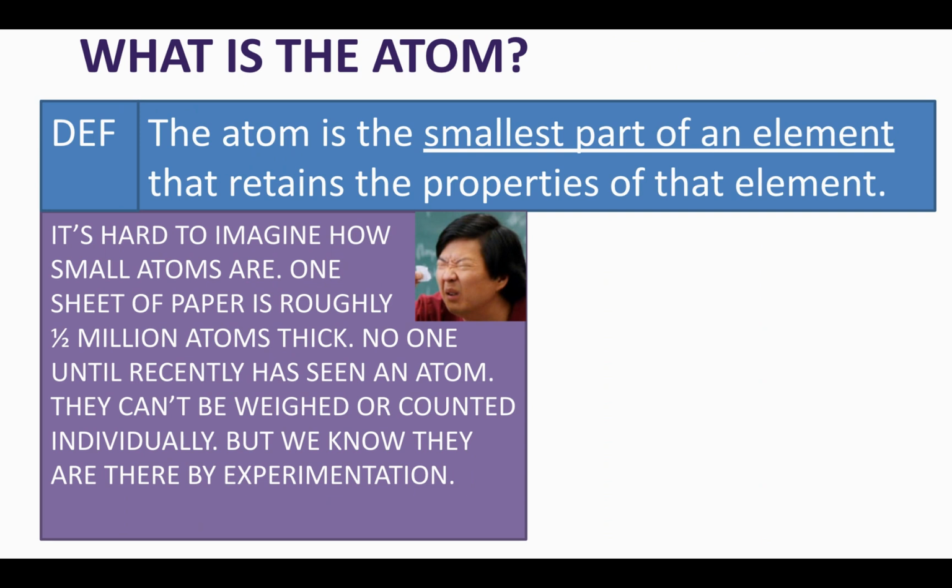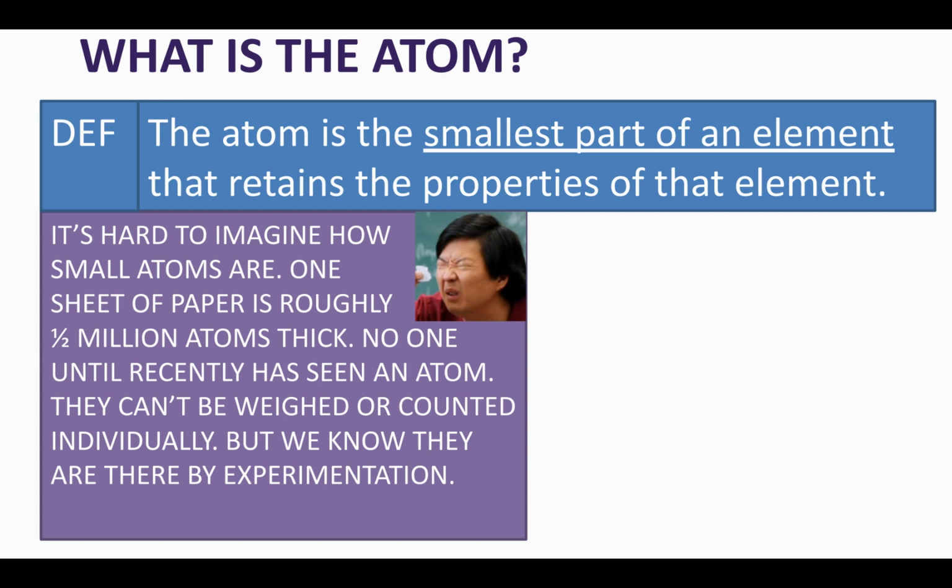So, what is an atom? The atom is an absolutely tiny, tiny piece of matter. When we define it, we say it is the smallest part of an element, but it still retains the properties of that element. I want you to remember, all the way back at the start of the year when we were introducing elements, we took out some aluminium foil. We tore the aluminium foil in two, we tore it in two again and two again, and we kept cutting it in two.